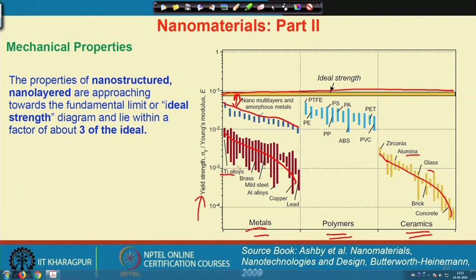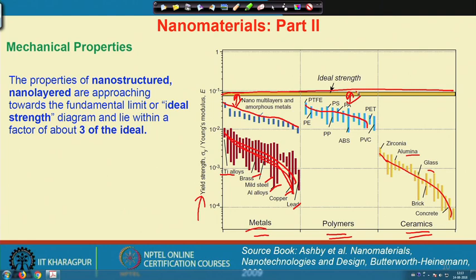These are titanium alloys, brass, mild steel, aluminum alloys, copper, lead and so on. Their strength level lies here. The polymer matrix can be improved by using some nanoparticles or nanorods, so we can reach very close to the ideal value.